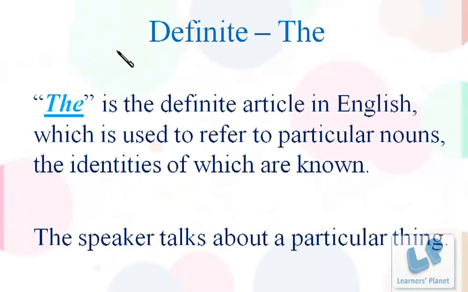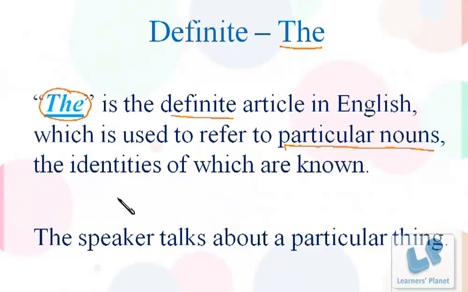Now friends, let us discuss the definite article. The is the definite article in English, which is used to refer to particular nouns, the identities of which are known.